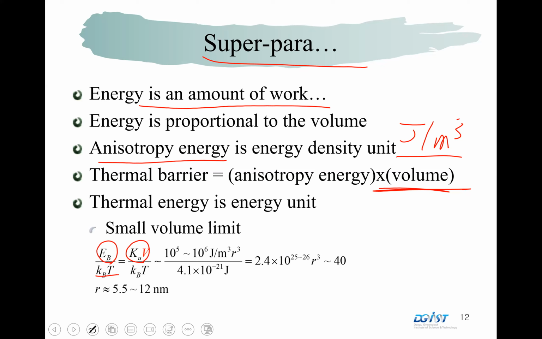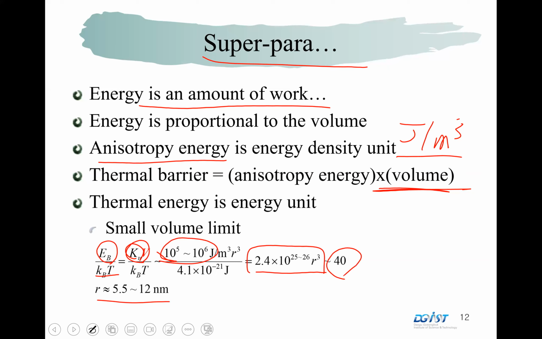So the typical anisotropy energy density of a ferromagnetic material is of the order of 10 to the 5, 10 to the 6 joule per meter cube. With a certain number, we have such a relation here. R cubed is the size of the magnetic material, and if R is of the order of 5 to 10 nanometers, we get 30, 40 in this calculation.